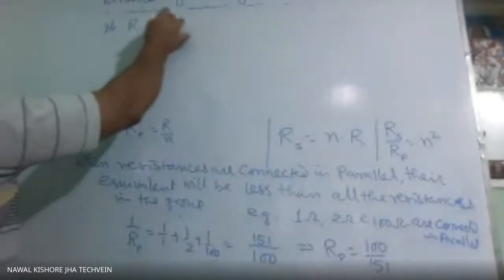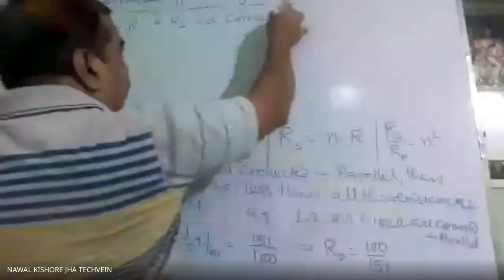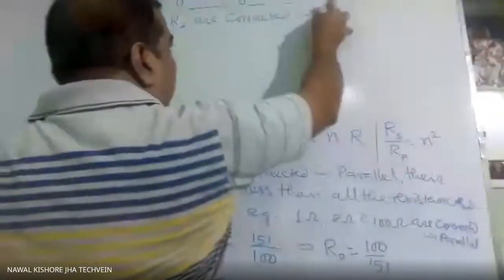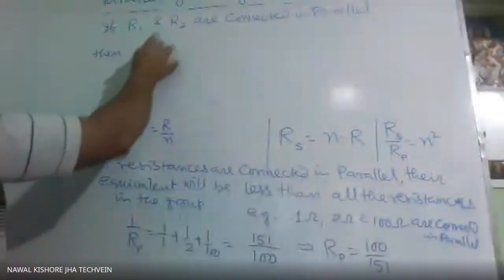If R1 and R2 are connected in parallel, then they are parallel equivalent. So we learn the formula only. The formula you just derived: 1 by Rp will be what? 1 by R1 plus 1 by R2.